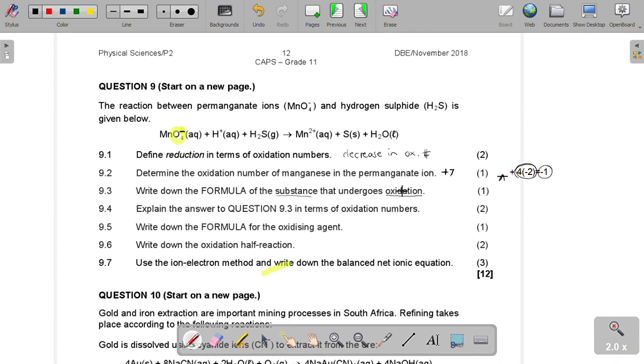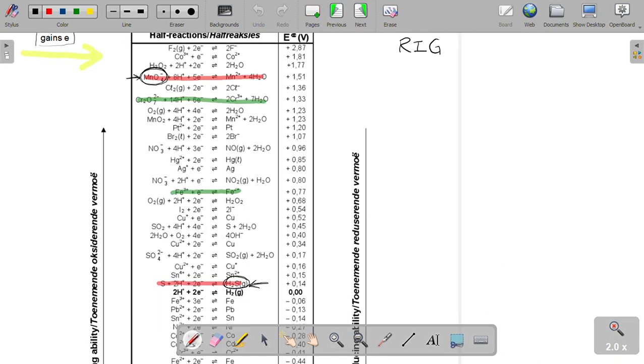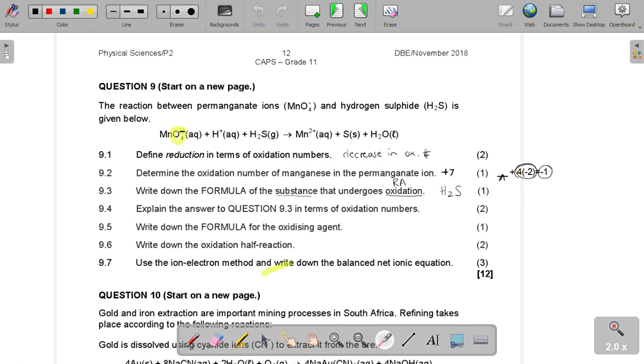So remember, the one that undergoes oxidation is the reducing agent. So for that formula, it will be H2S. So as jy hierna toe gaan, en jy het daai twee, en jy weet hierdie ene is die reduseermiddel, hierdie ene is die oksideermiddel, dan beteken dit die reduseermiddel ondergaan oksidasie, en die oksideermiddel ondergaan reduksie. I'll say that in English, the reducing agent undergoes oxidation, and the oxidizing agent undergoes reduction.